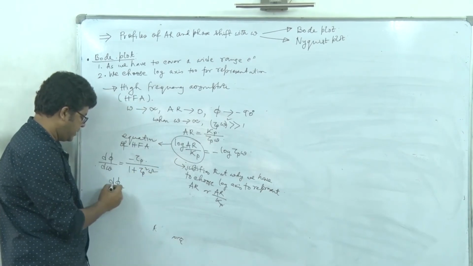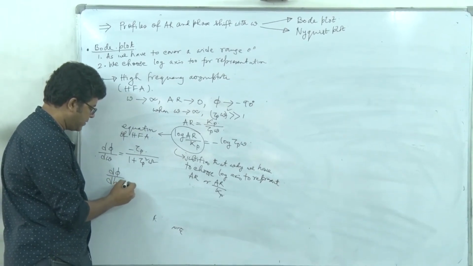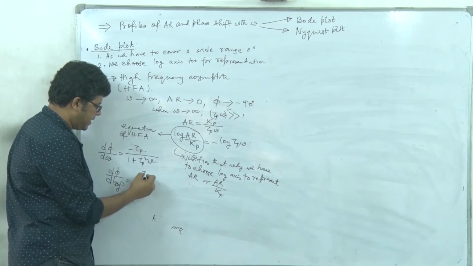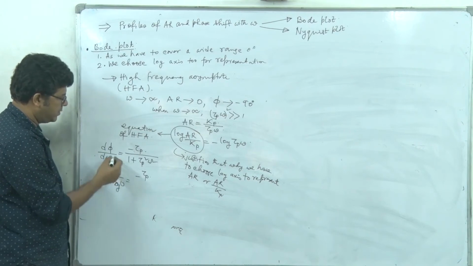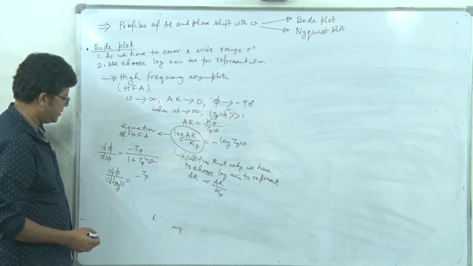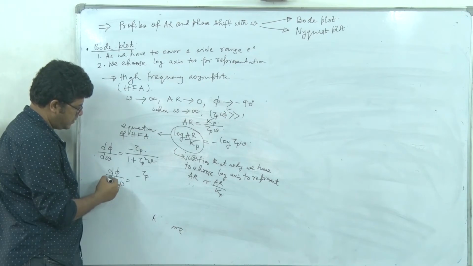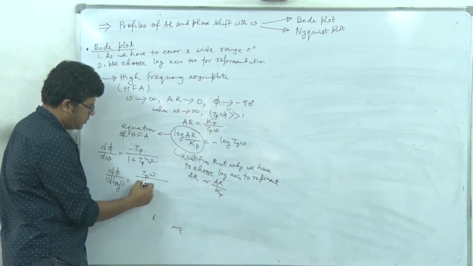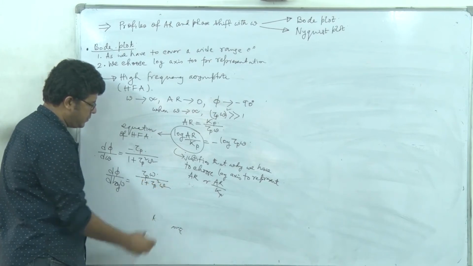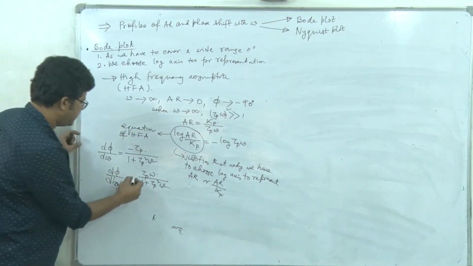So d phi d ln omega, or d of log omega, the same thing, is basically minus tau p, and here we are getting d omega by omega, so it is to be cross multiplied. This is omega, so 1 plus tau p square omega square, with a minus sign.